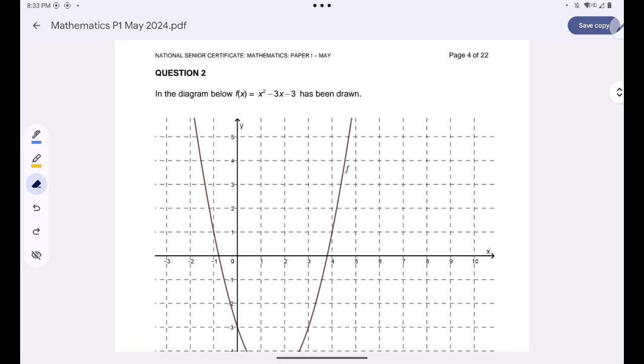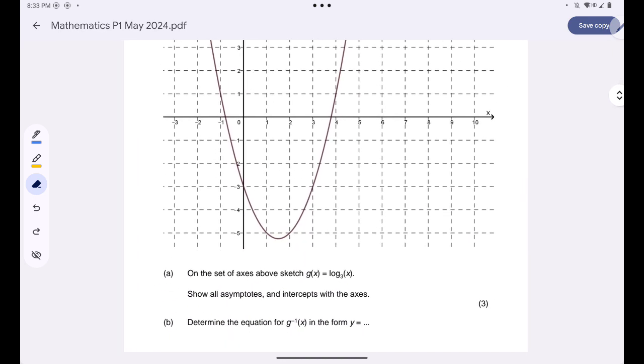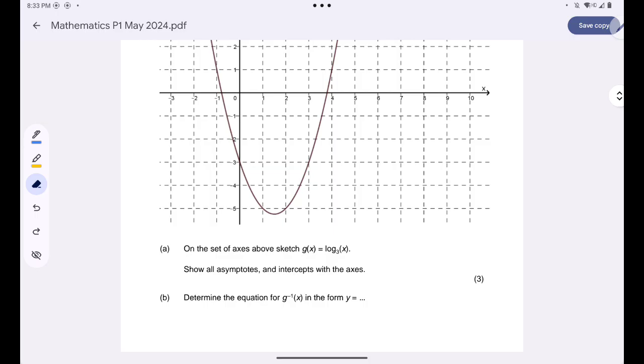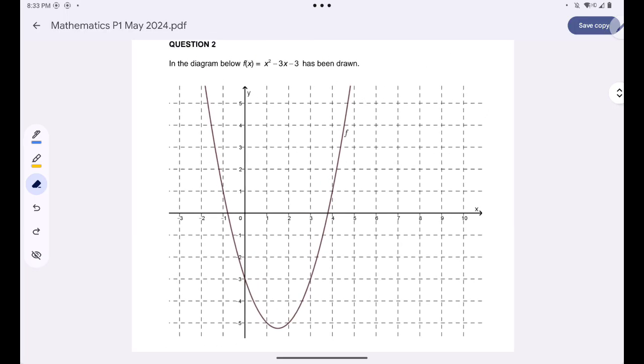Question 2. I'm told that in the diagram below, f of x has been drawn. On the same set of axes, I should sketch the graph of g of x, the graph of log x base 3.